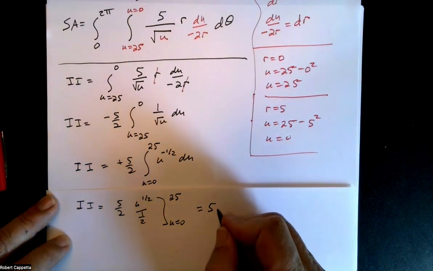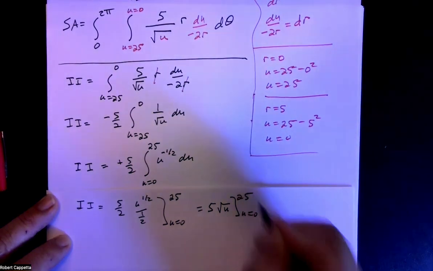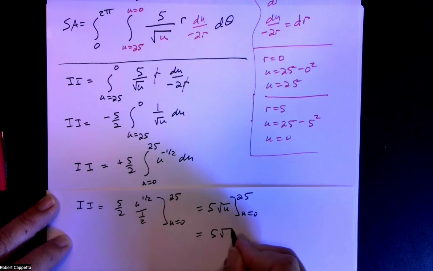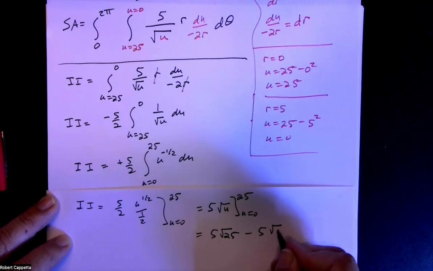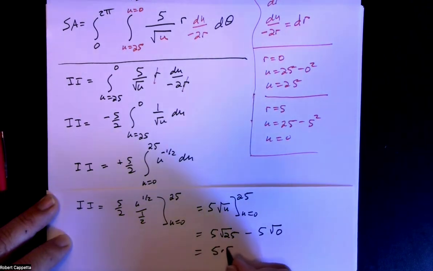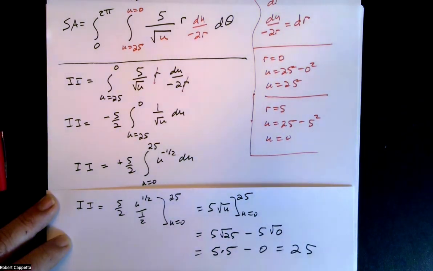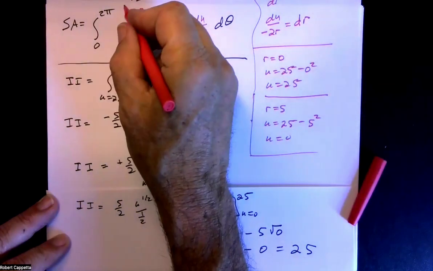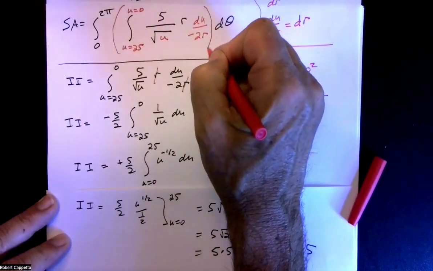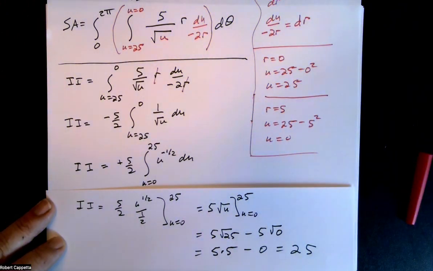And then we have square root of u evaluated as u goes from 0 to 25, which is 5 root 25 minus 5 times root 0, which is 5 times 5 minus 0, which equals 25. So my inner integral turns out to be 25. Now, the inner integral is here. So let's replace all of that with 25 and see where we get.